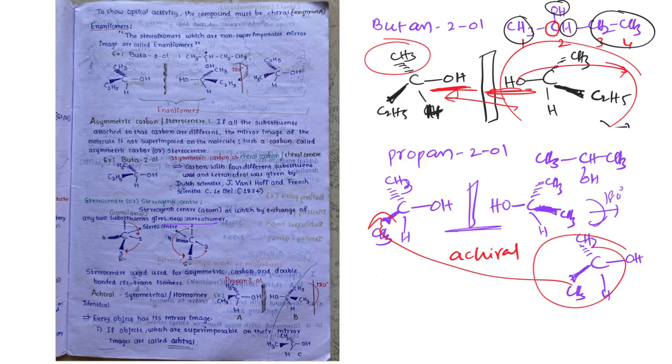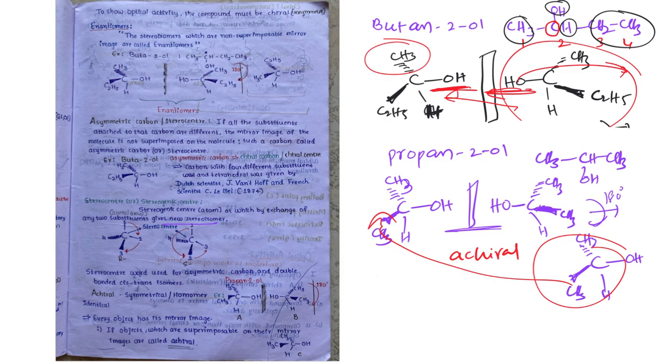Now every object has its mirror image. Objects that are superimposable on their mirror images are called achiral. Achiral means the mirror image superimposes on the original structure.